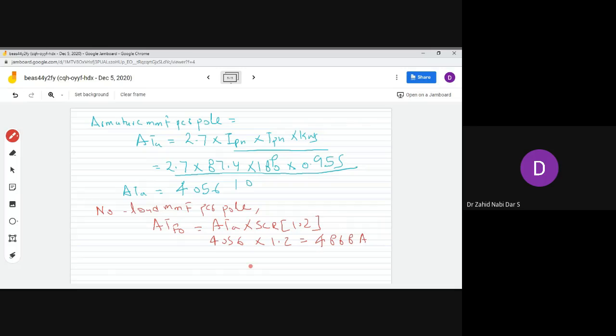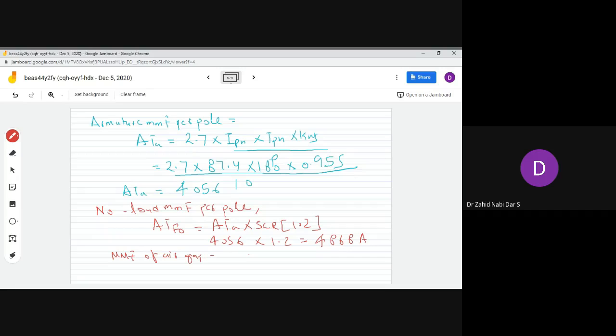Okay, so now we have every value. We know from the formula directly also we can write down our MMF of air gap.